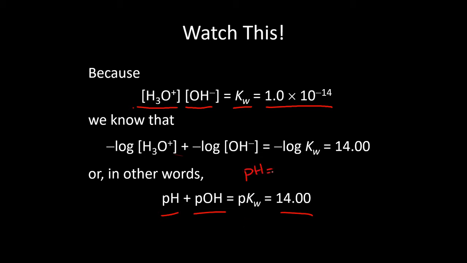The pH plus the pOH is equal to 14. Because if we know one of those two, if we know the pH, then we automatically also know the pOH, and vice versa, since the two of them added together will always equal 14.